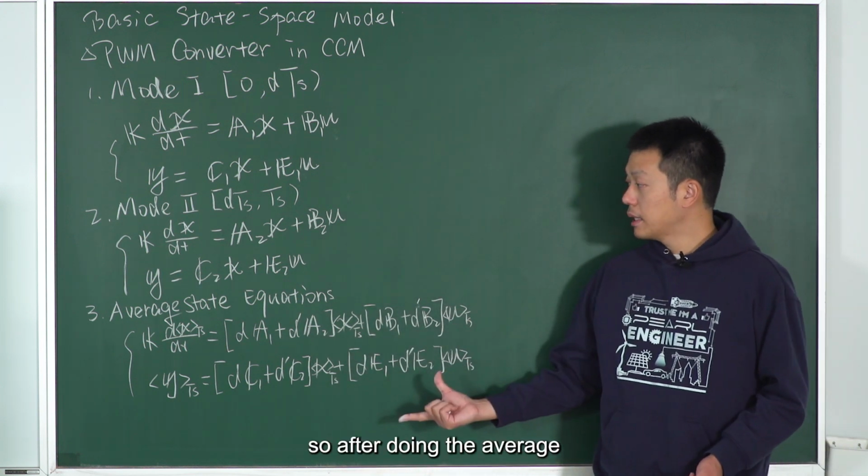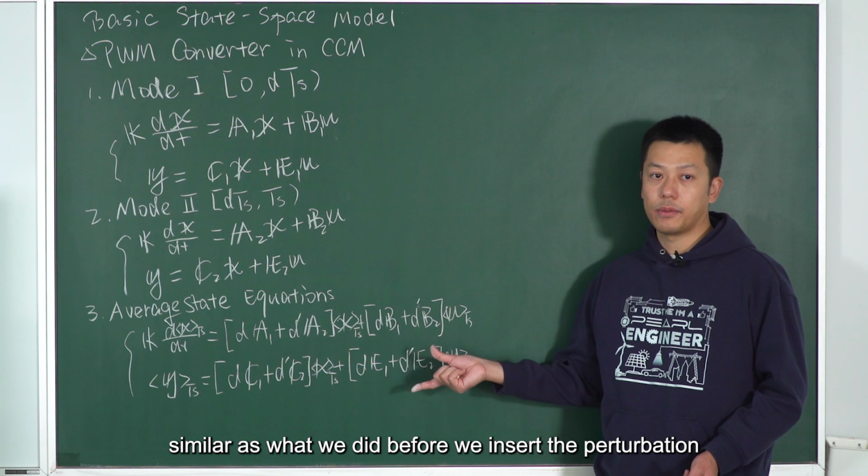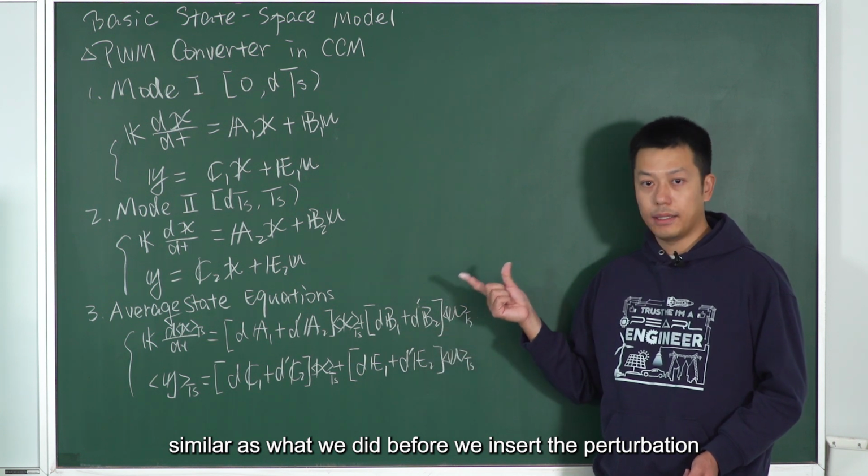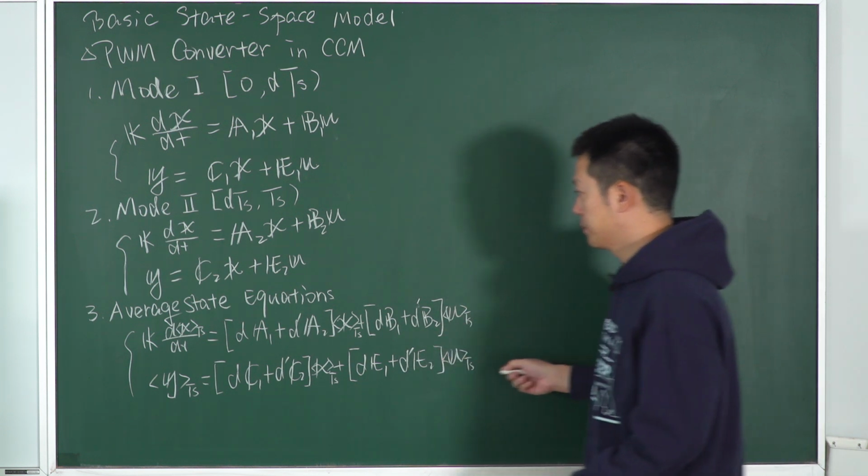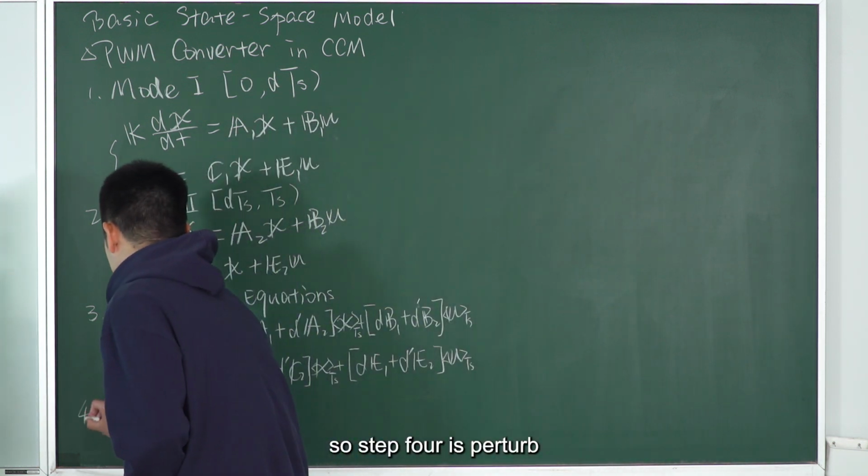After doing the average, similar to what we did before, we insert the perturbation. So step 4 is we perturb.